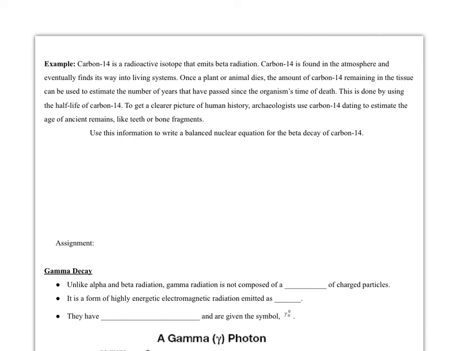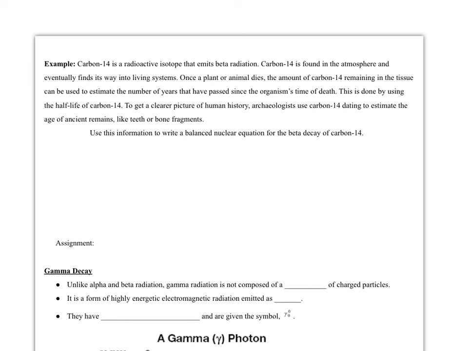To get a clearer picture of human history, archaeologists use carbon-14 dating to estimate the age of ancient remains, like teeth or bone fragments. So they use this nuclear equation to determine how much carbon-14 is left and look at periods in time that would have had a specific amount of carbon-14, just working backwards.